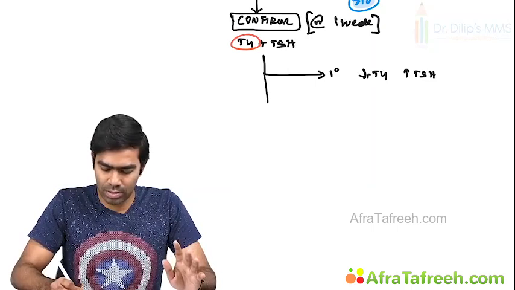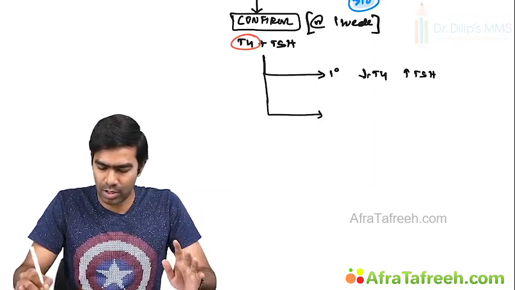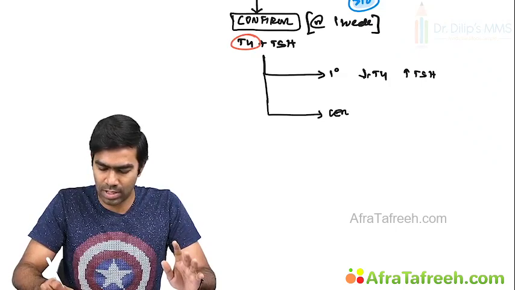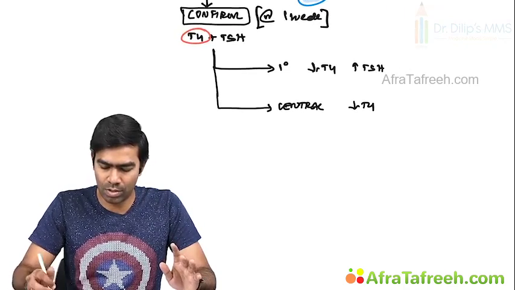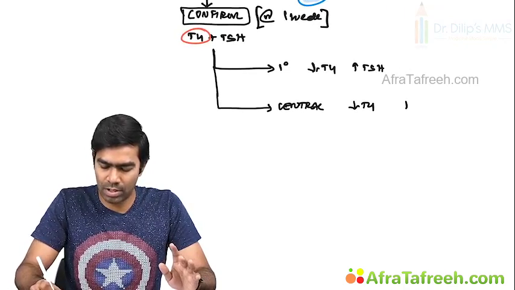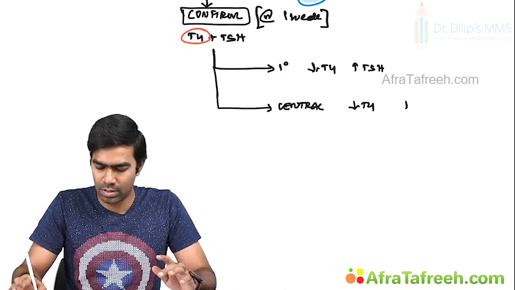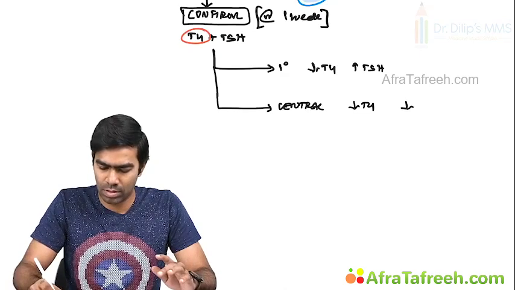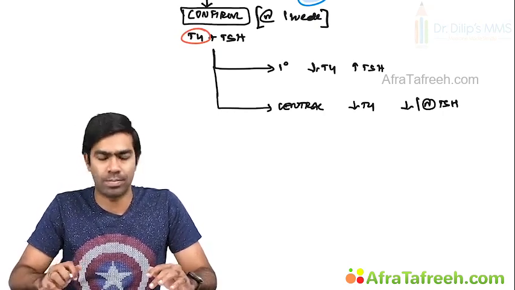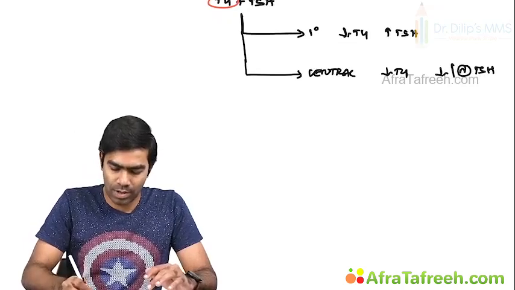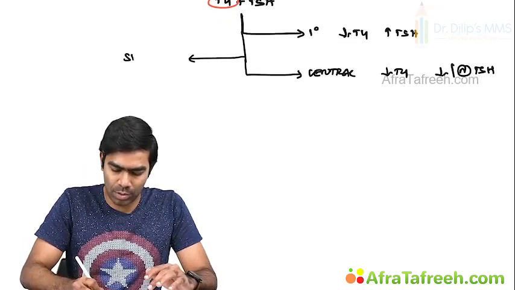Second one, we have a secondary or central congenital hypothyroidism, where the T4 will be low for sure. There will be either an increased or a normal TSH. Clear? So this is central hypothyroidism. Or you can have subclinical hypothyroidism.